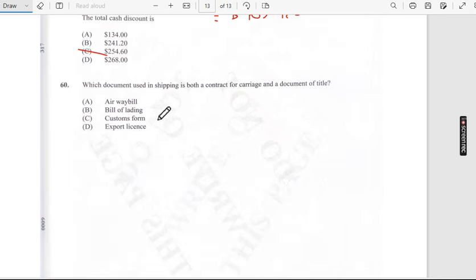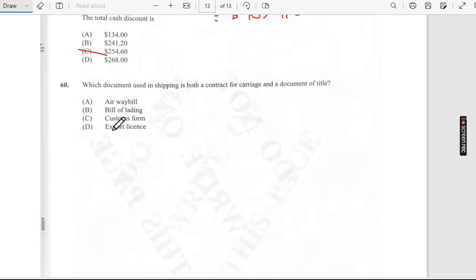Alright. Number 60. It says which document used in shipping is both a contract for carriage and a document of title. This one has to do with, let me see, air waybill. Air waybill has to do with transporting by other shipping entities, right?